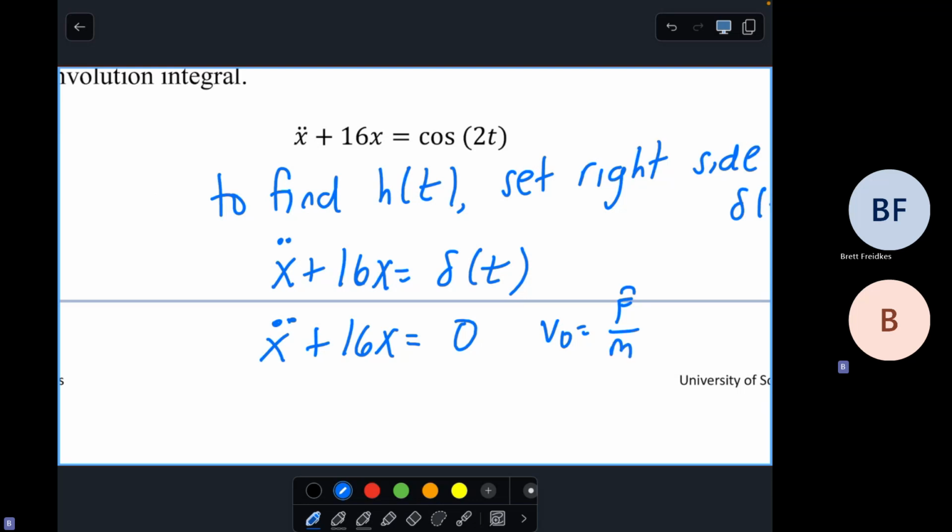Remember what I said earlier? The forced vibration response with delta of t is equivalent to the free vibration response with the initial velocity. Does that make sense? I need some feedback here because there's a lot of wrong answers.